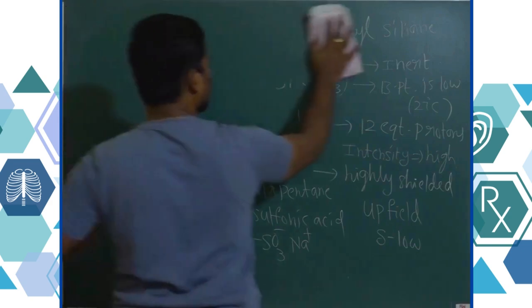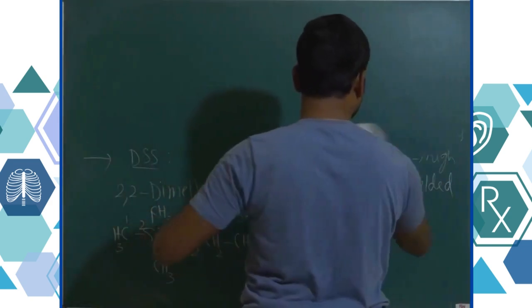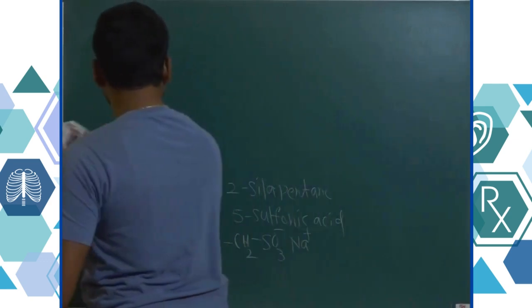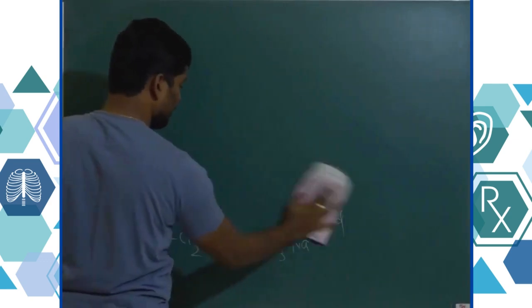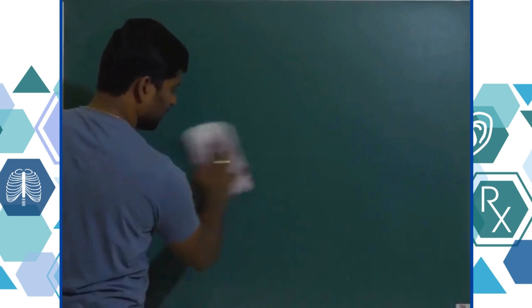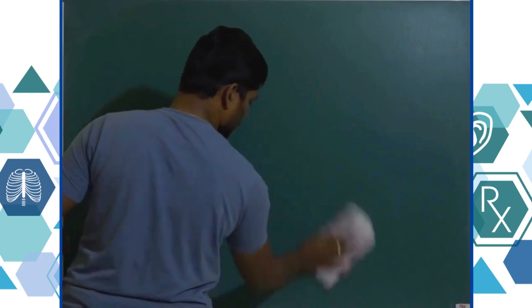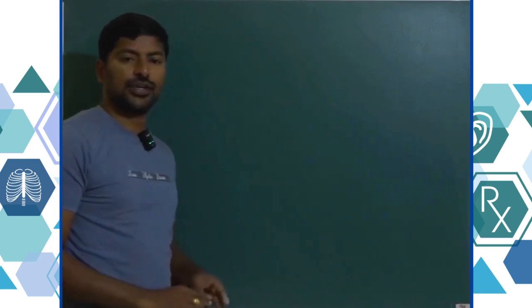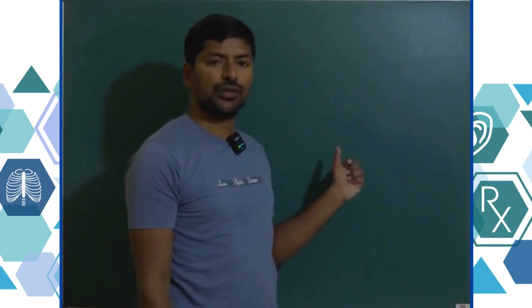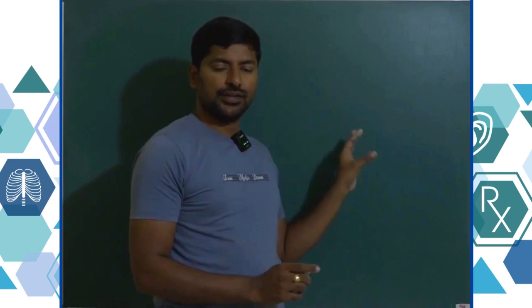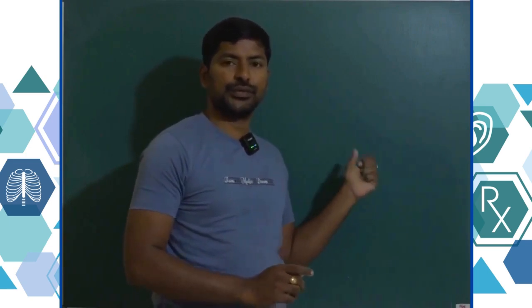So this is about the reference compound. The generally used reference compound is tetramethylsilane. These are some advantages we have with tetramethylsilane. Its solubility: it is soluble in almost all organic solvents. Next, it possesses 12 equivalent protons, so the intensity of the reference proton signal is high and it is easy to identify the signal corresponding to TMS.